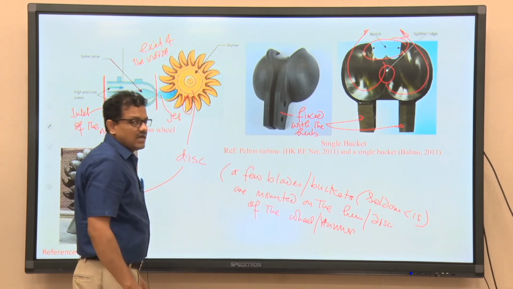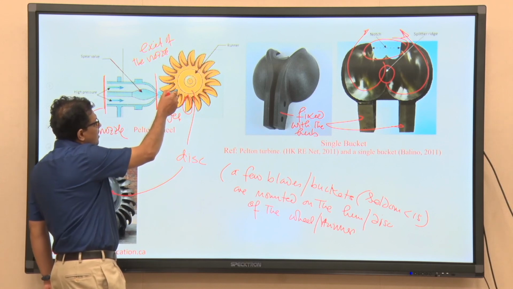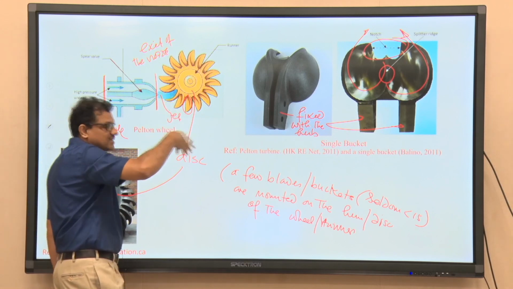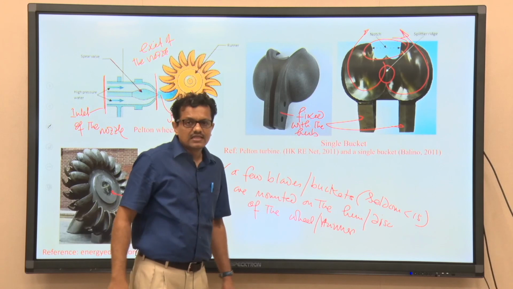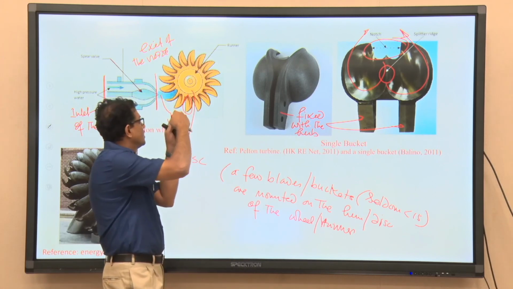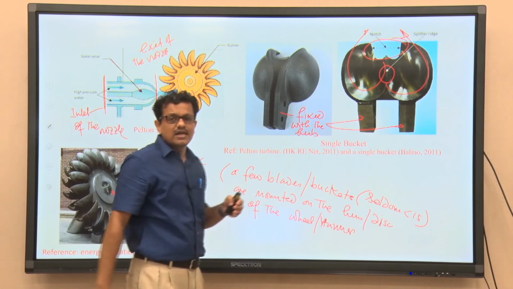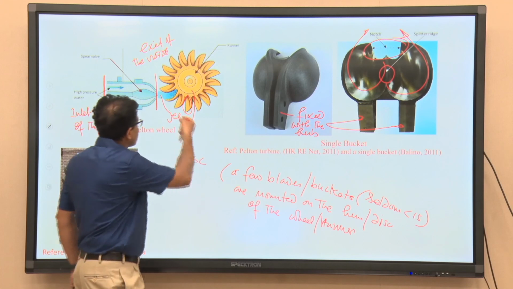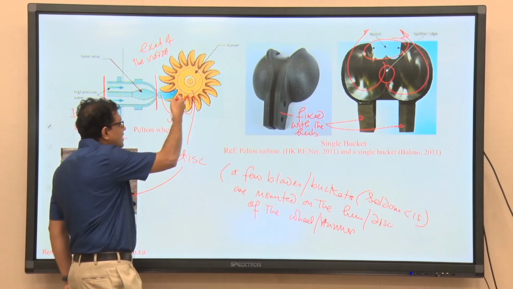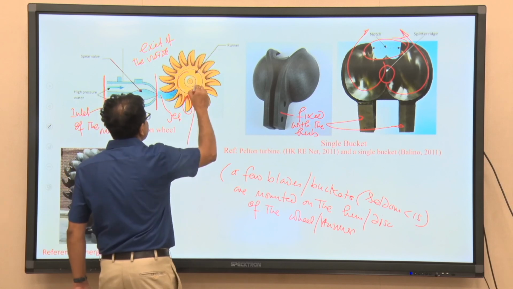Number 2, we should design the bucket in such a way that the jet which is coming out after striking the blade might strike the preceding blade which is going to come, because the movement is very spontaneous.